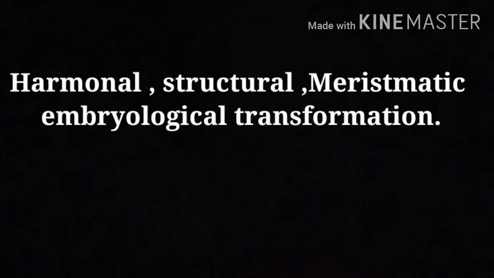In this way, a flower is a modified shoot which develops from a special apical meristem. For developing a flower, a number of hormonal, morphogenetic, embryological, and structural transformations occur prior to initiation of flowering.